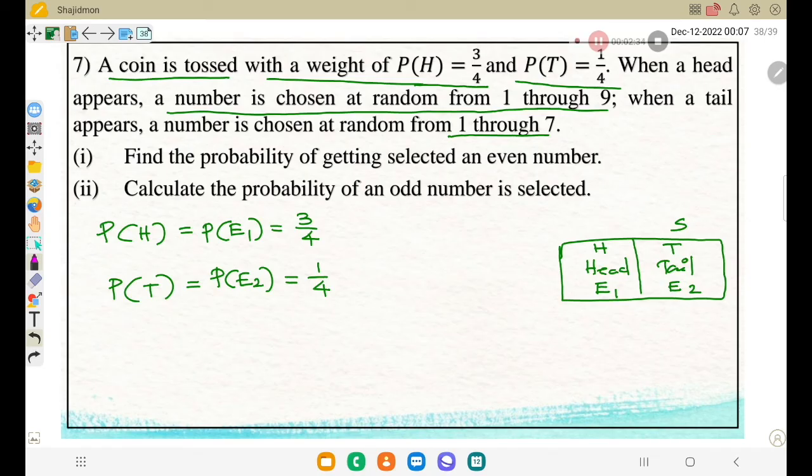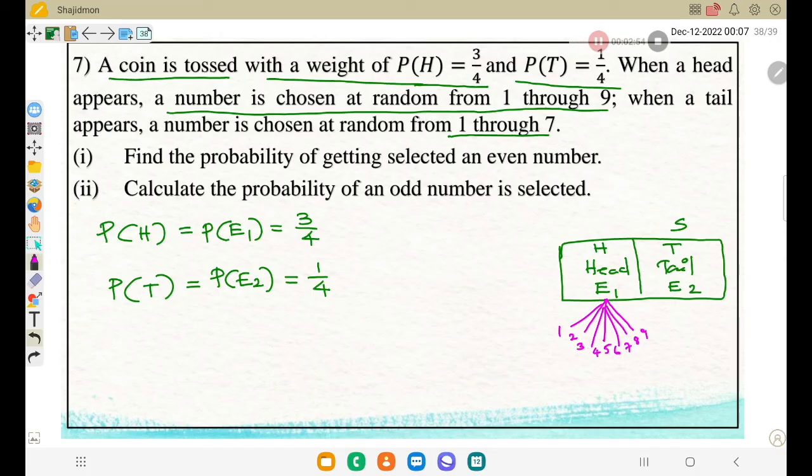Now you can continue reading. When a head appears, a number is chosen from 1 to 9, like this: 1 2 3 4 5 6 7 8 9.